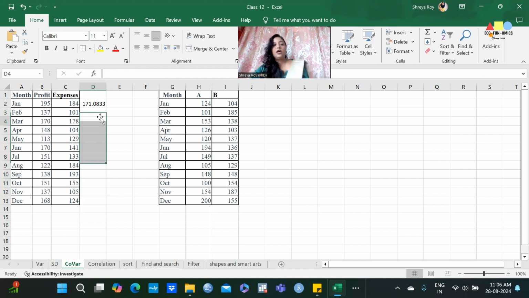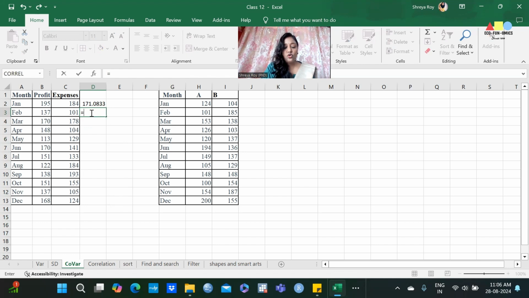Again, =COVARIANCE.P: select the entire variable 1, comma, select the entire variable 2, close bracket, enter. Now let's take a look at covariance sample.